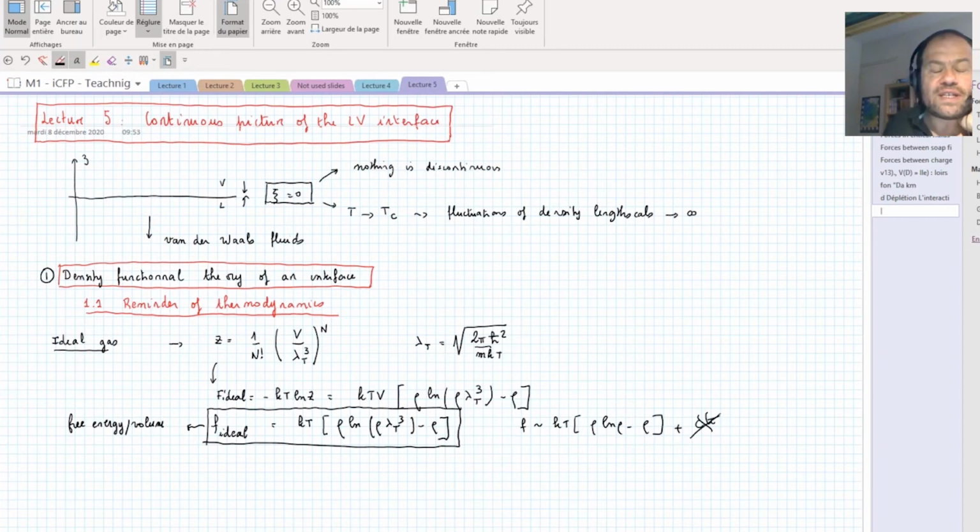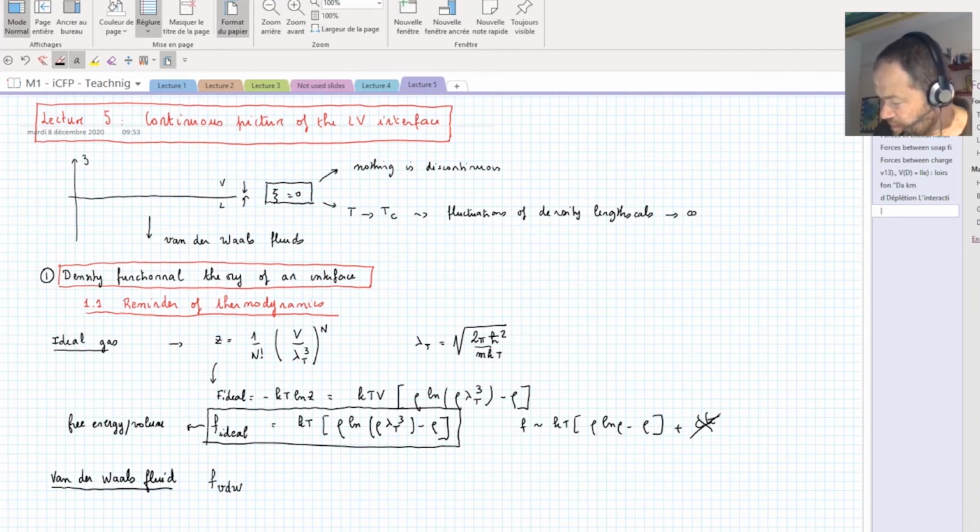Well, if you want a phase transition in this system, you need to add attractive forces, and the kind of simple system that we can imagine is the van der Waals fluid. And for the van der Waals fluid, we can define a free energy, which will be of the same shape.